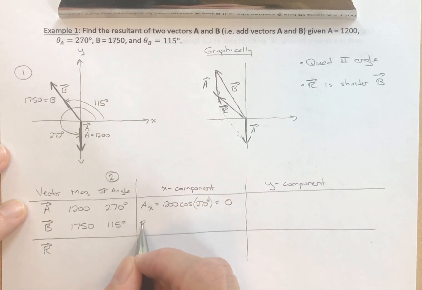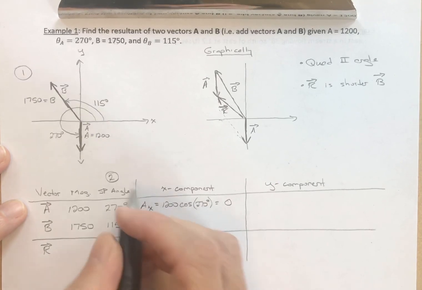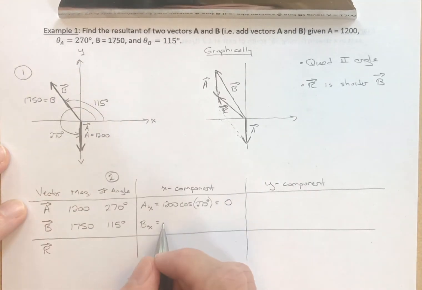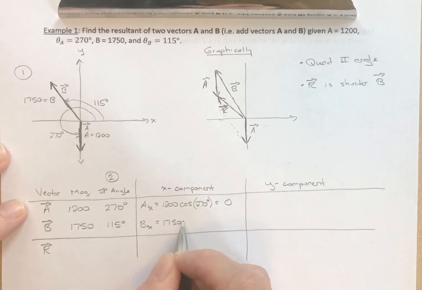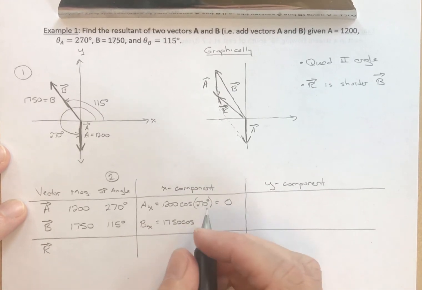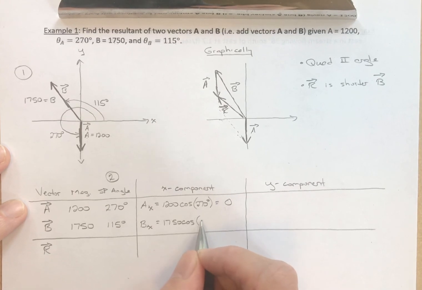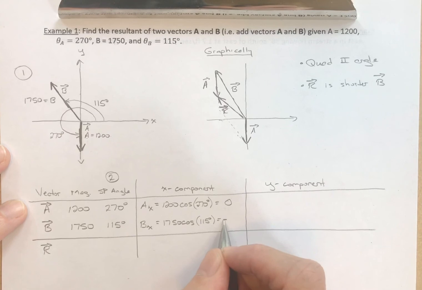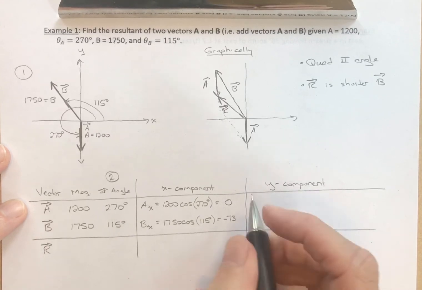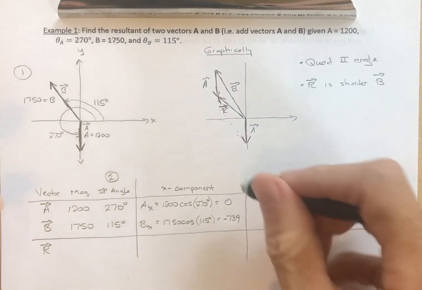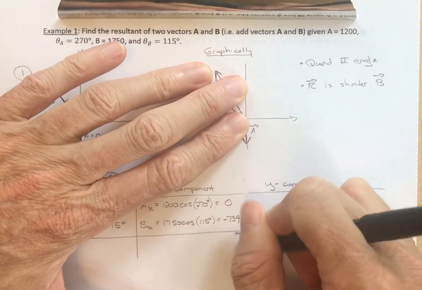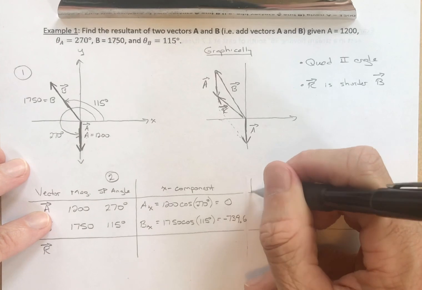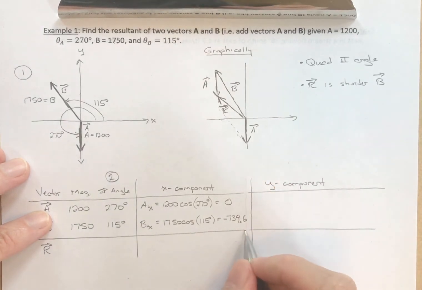What is the x component of our B vector? It's going to be the length of the vector, 1750, times the cosine of its standard position angle, 115, and this one comes out to be negative 739.6.